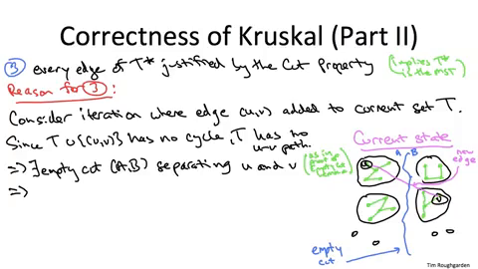So it's not going to trigger the exclusion criterion, and that edge is going to get picked. So what's the significance of being the first edge crossing a cut? Well, because of the greedy criterion, because Kruskal considers edges from cheapest to most expensive, the first edge it encounters crossing a cut is also necessarily the cheapest edge crossing the cut.